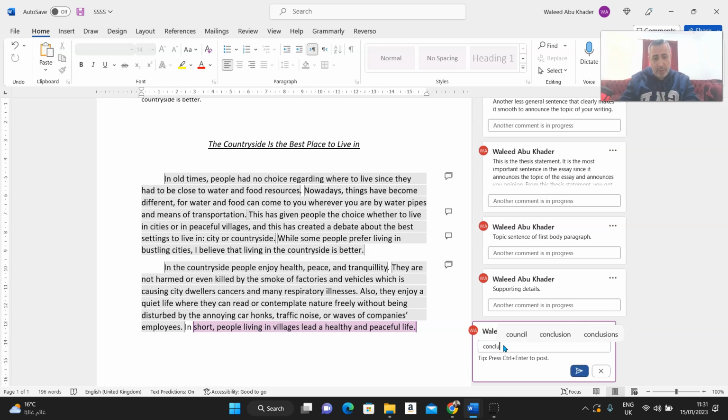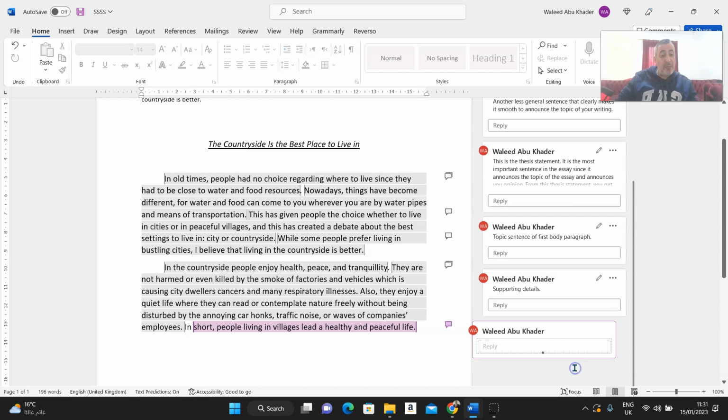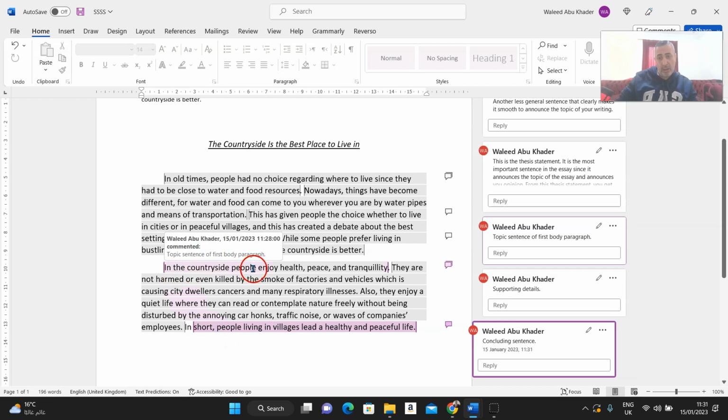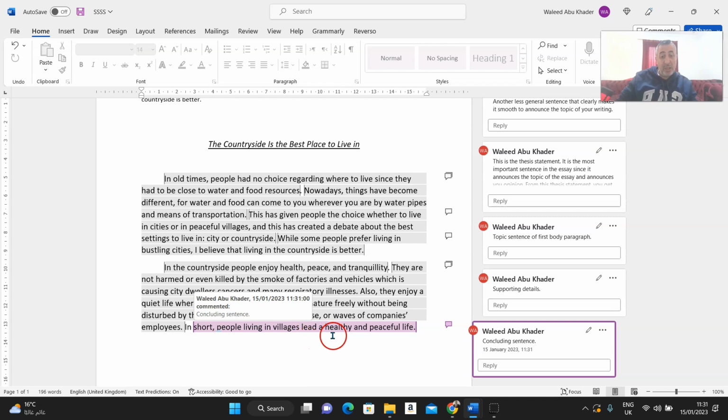Now each body paragraph has a concluding sentence. It reminds the reader of the paragraph's main point. Here, you paraphrase the topic sentence, as we said in class. In the countryside, people enjoy health, peace, and tranquility. This is the topic sentence. You remind the reader of this topic sentence. In short, people living in villages, which is the same as people in the countryside, lead a healthy and peaceful life, which is the same as enjoy health, peace, and tranquility.